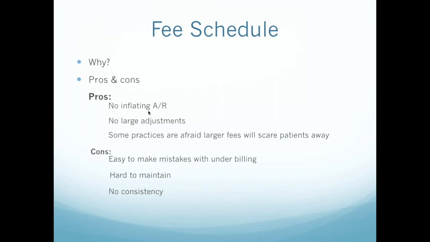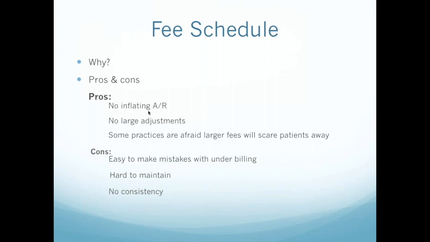It's easy to make a mistake. If you bill $400 and you only get paid $125, guess what? The insurance is going to pay you the $125. But if you bill $100 and the insurance was willing to pay you $125, guess what? You're going to get the $100.